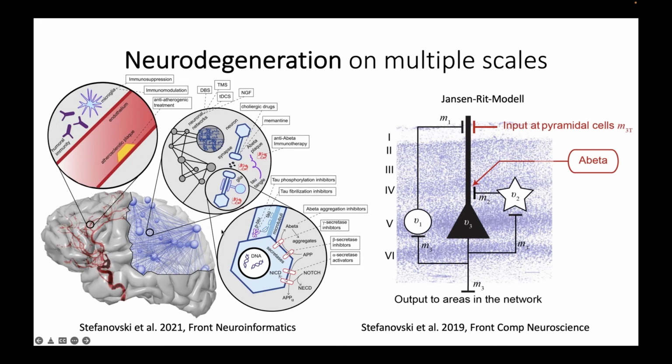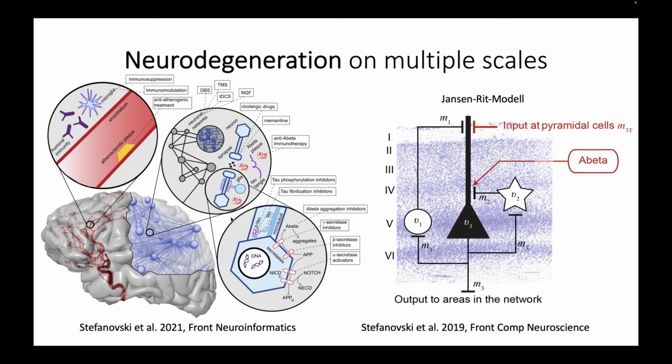There are controversies about how big these effects are, but I think it's undisputable that changes in functional and structural networks are a crucial part of the trajectory of the disease in dementia, and in particular of Alzheimer's disease. But you also have, of course, the microscale there.